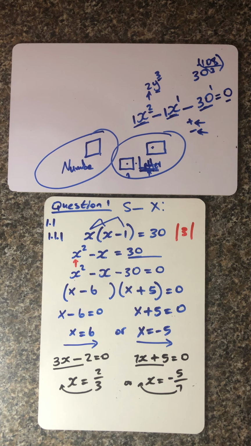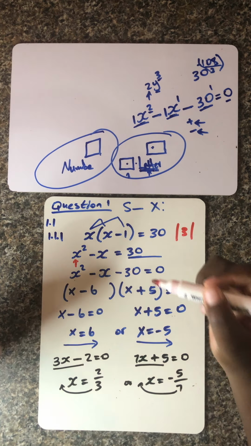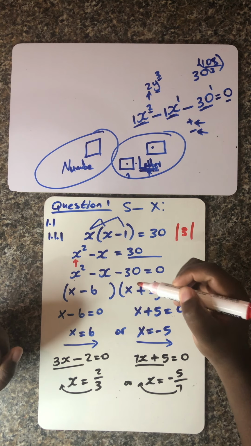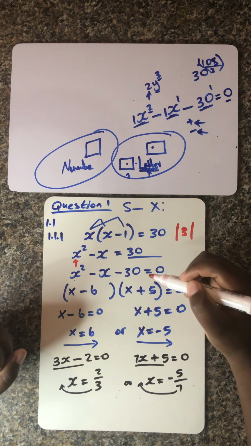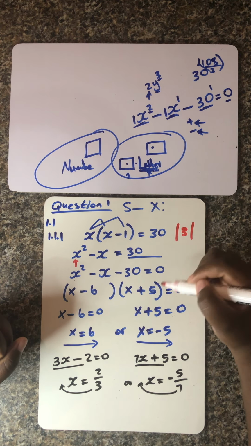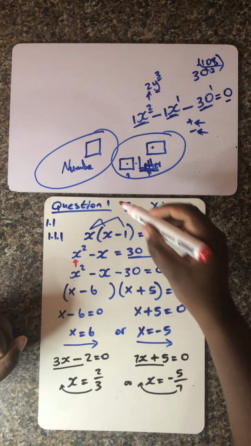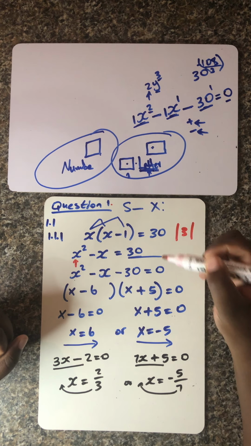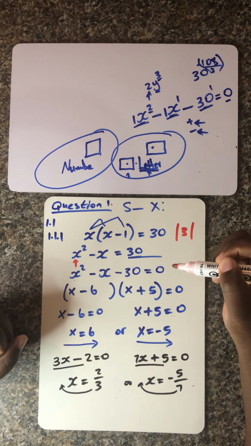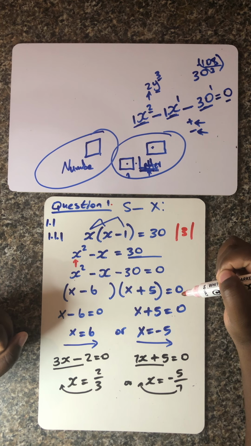Ladies and gentlemen, I've just indicated to you that I want to show you something very much important. Okay, guys, since my grade 10, 11 and 12, especially when it comes to mathematics, paper 1 and most importantly question 1, I was able to mark for myself, ladies and gentlemen.